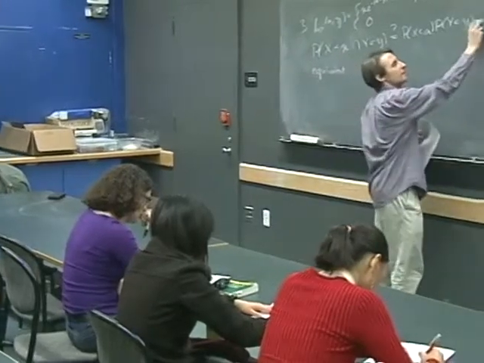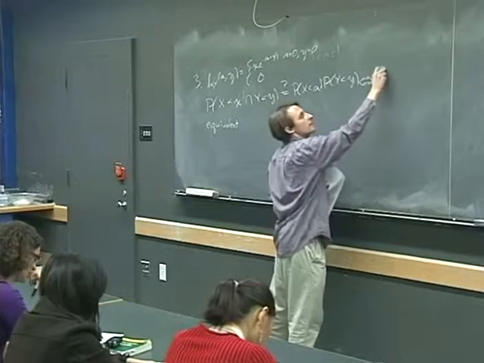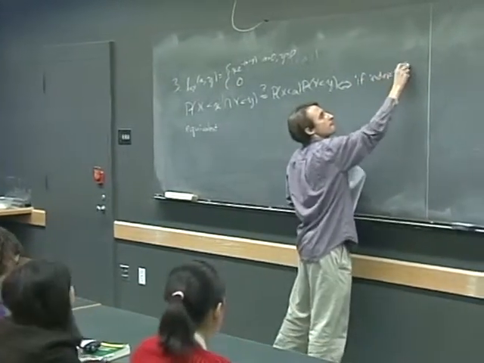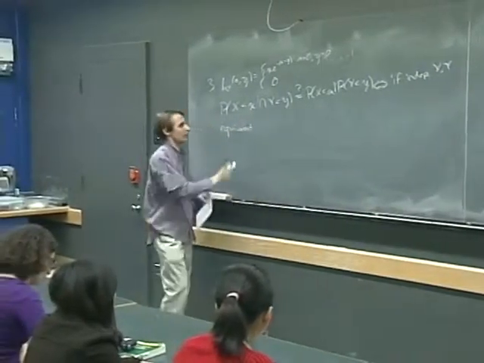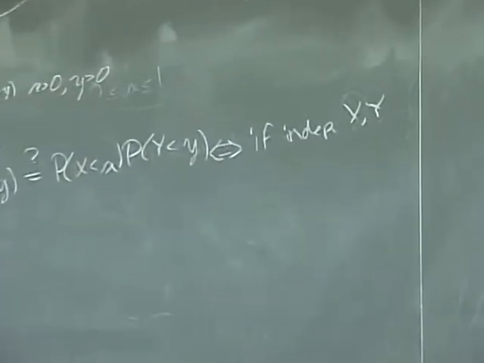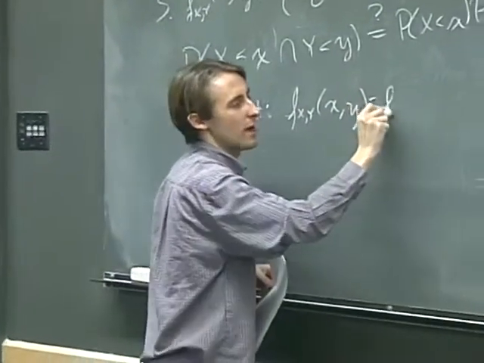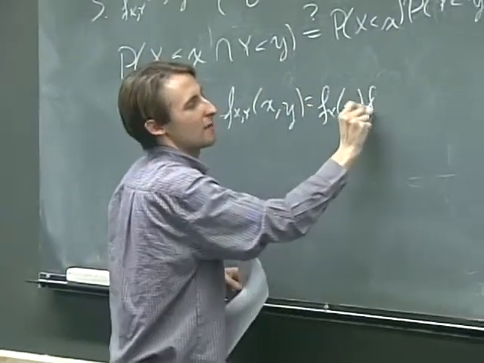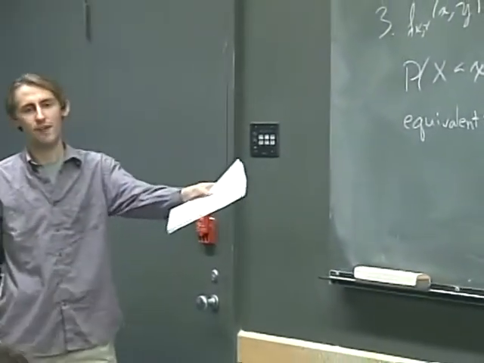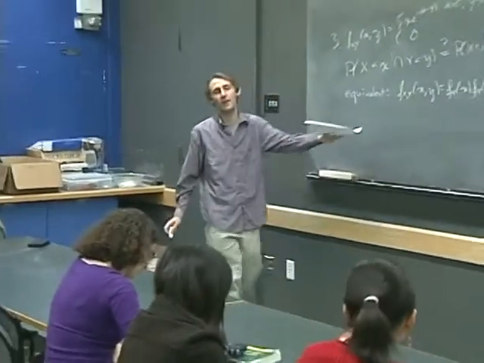It turns out that that's equivalent to checking that f of x, y is equal to f X of x times f Y of y. In other words, you're interested in whether the joint density can factor into 2 pieces, one that depends only on x and one that depends only on y.